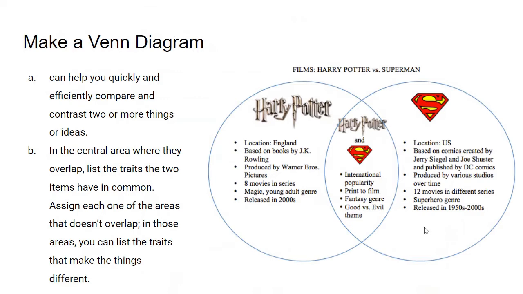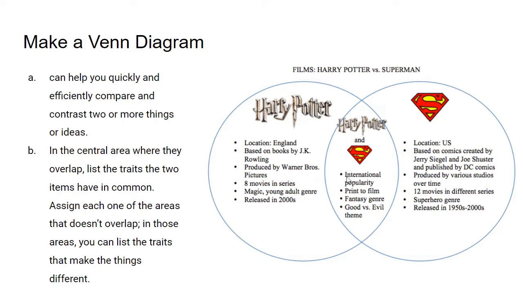For me, the unexpected similarity was the print to film. I thought Superman started as cartoons, but when you look at it like this, we know Superman started as a comic. So that was the unexpected similarity. Maksudnya benda ni sama lah.